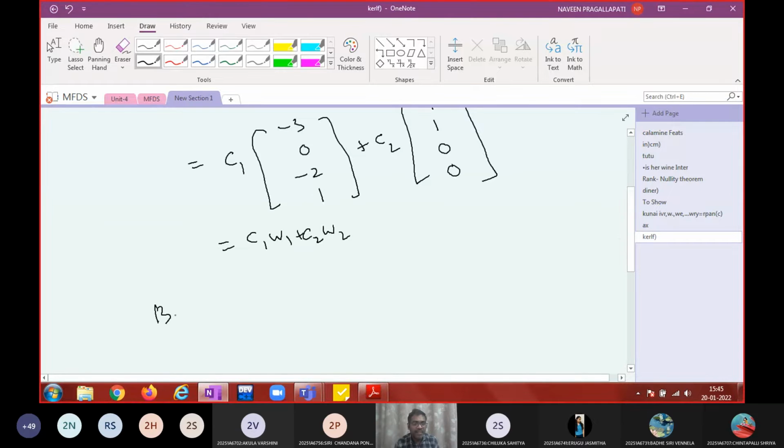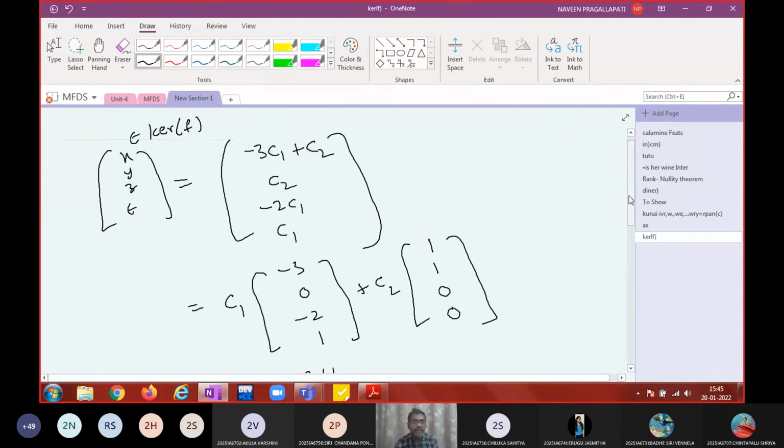You are able to express any element of the kernel as a linear combination of two linearly independent vectors. Therefore these two linearly independent vectors span the kernel of f, which means these two form a basis.